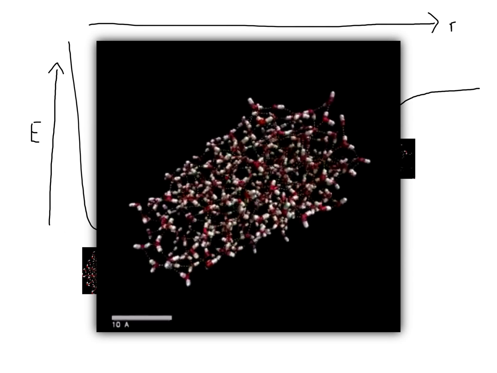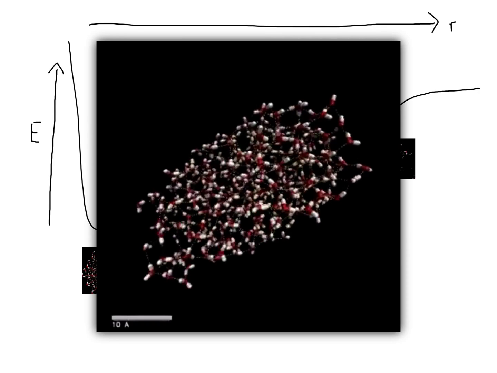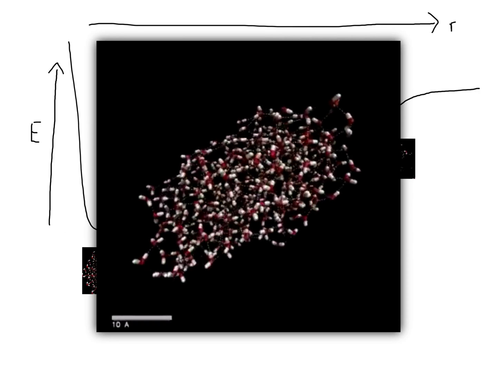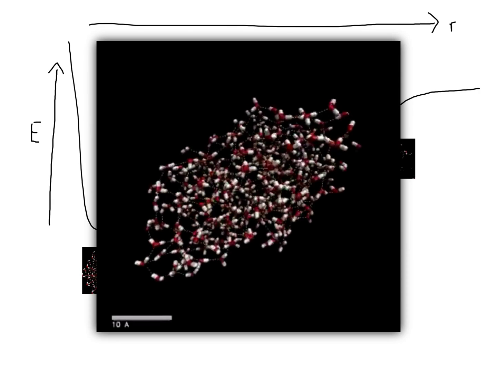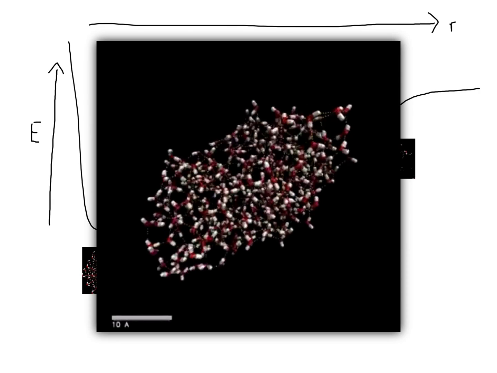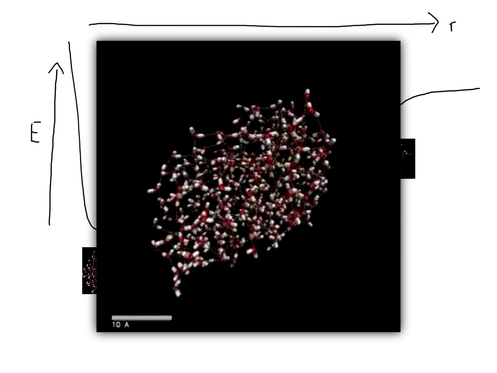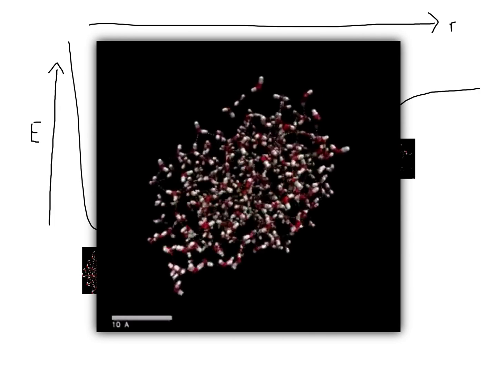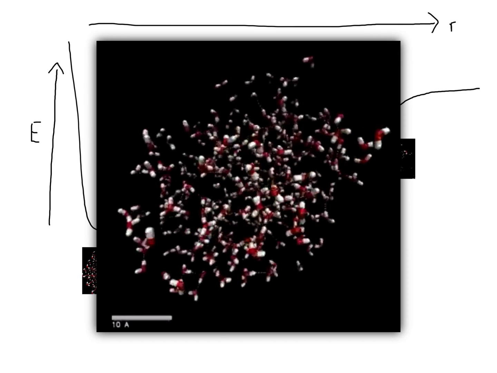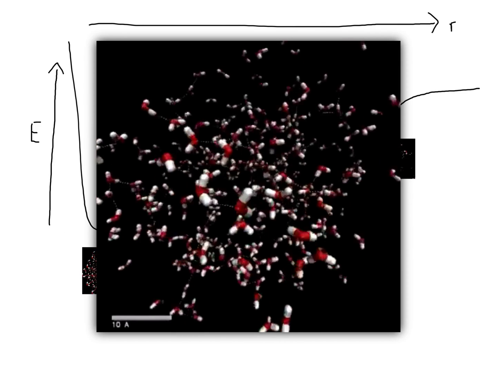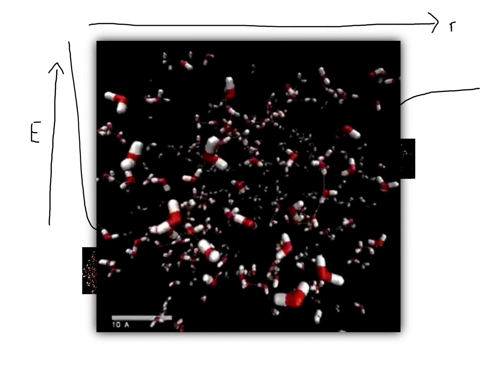If we continue to add energy to the liquid, we will see that those translations and rotations become more and more energetic, and as the kinetic energy of the translations and the rotations becomes large enough to overcome the intermolecular potential energy, the molecules begin to fly apart and form a vapor.